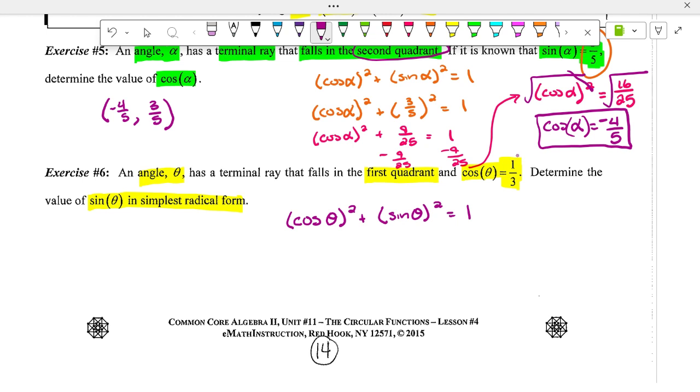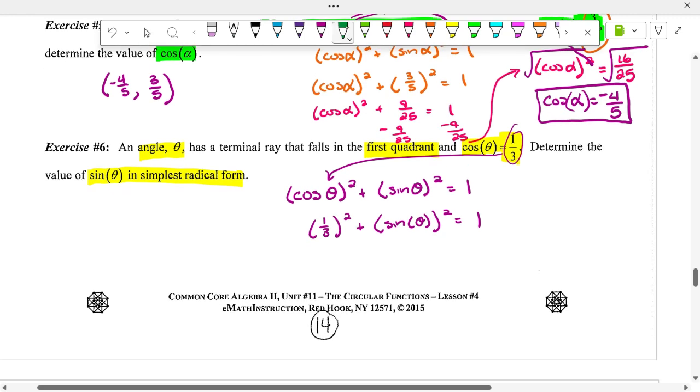So I'm going to take this 1/3 and plug it in for cosine of theta. So I have 1/3 squared plus sine of theta squared is equal to 1. So what's 1/3 squared? Put it in your calculator, give me a fraction. 1/9.